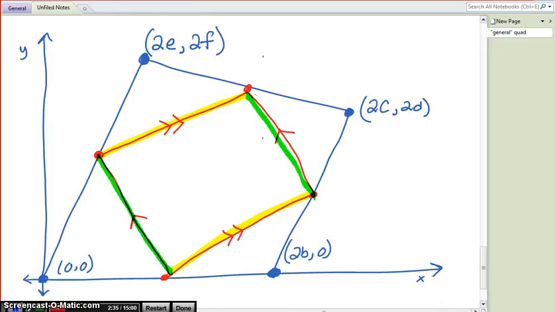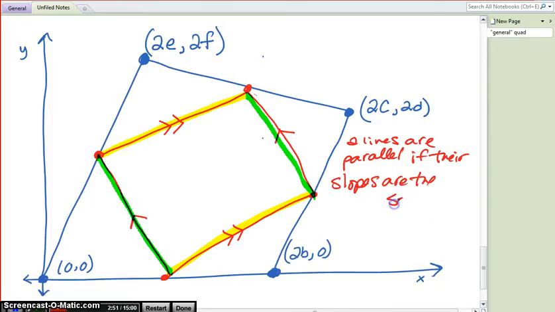So I want you to remember something from your algebra study, and that is that two lines are parallel if their slopes are the same. And we're going to try to prove that the slopes of the sides of the quadrilateral A, B, C, D for opposite sides are in fact the same.